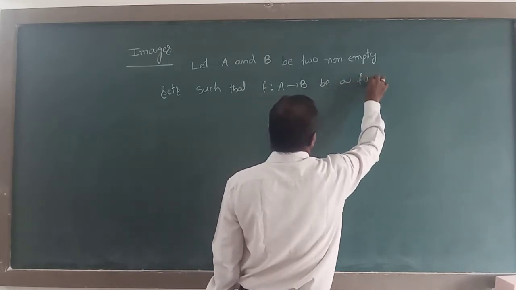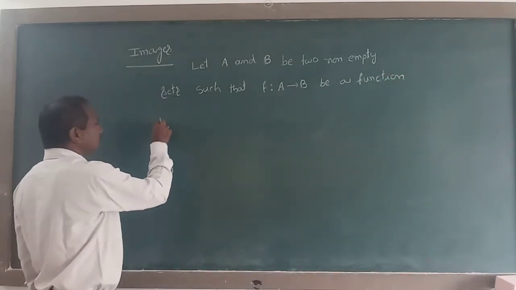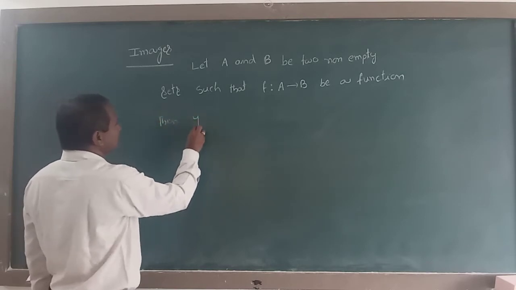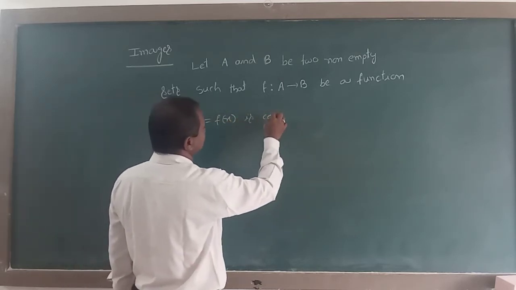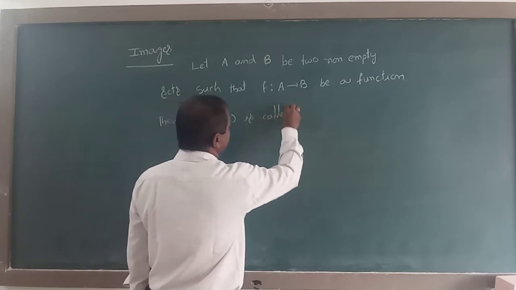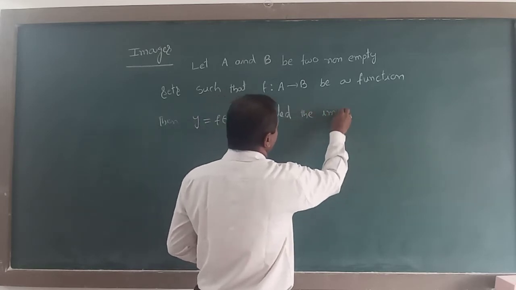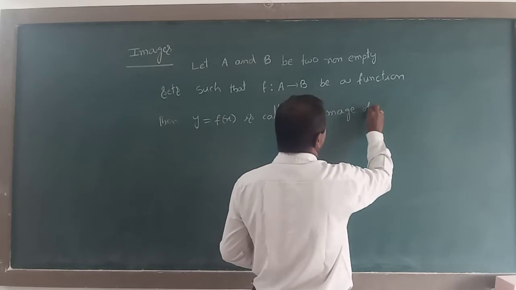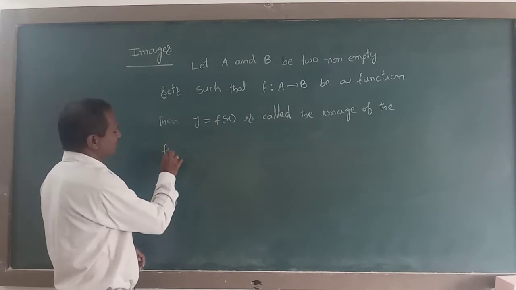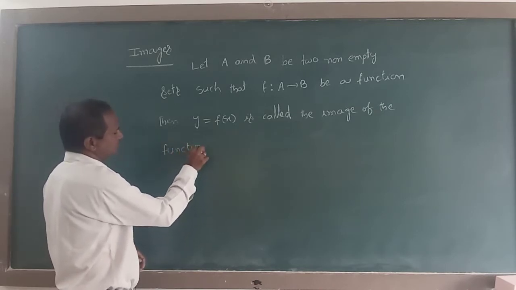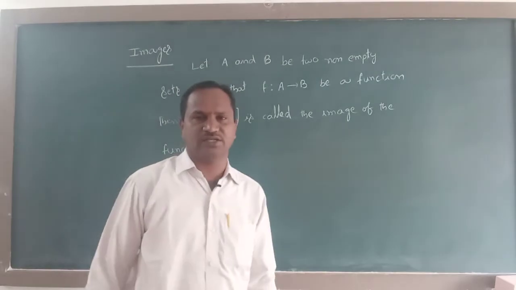Then y is equal to f of x is called the image of the function f. This is the formula to find images of the given function.